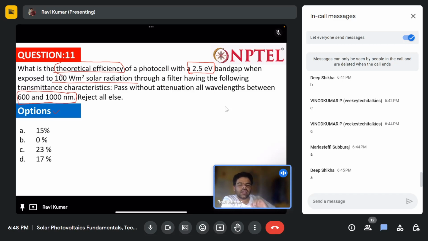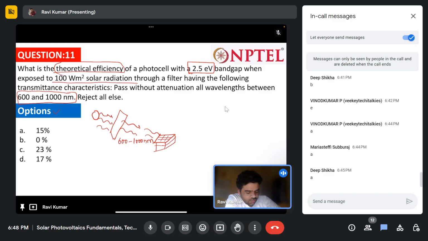Okay, for simplicity, I'll tell you one thing. What does the question say? If this is the sun and there are radiations, and we have a filter like this, all the radiation coming from this filter is in the 600 to 1000 nanometer range, and then we have a solar cell here. These radiations are coming on the surface of the solar cell.